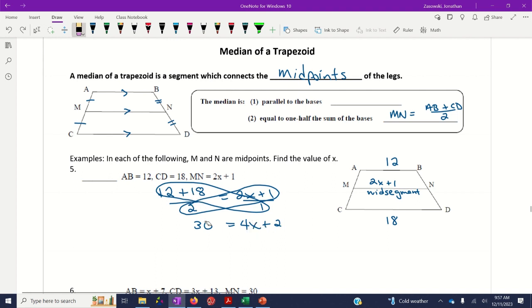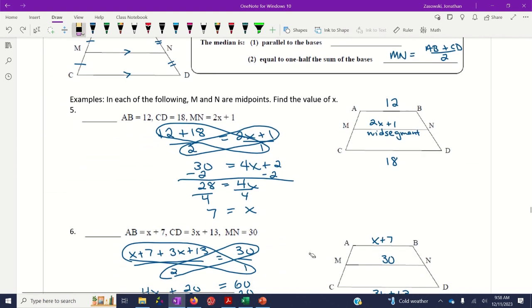And then 12 plus 18 is 30. Now we can just move the 2 over and then divide by 4 to get our answer. You could have combined like terms and divided by 2 to get 2x plus 1 equals 15. You get 14 and 7 either way. But in general, I like to just talk to the students, and anyone following along here, about cross multiplying first and then combining like terms as you do that.